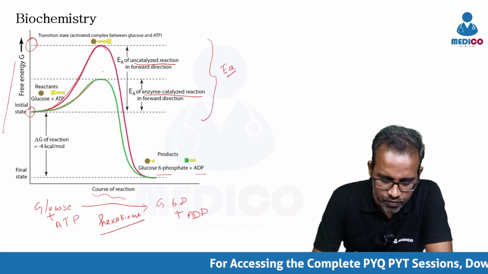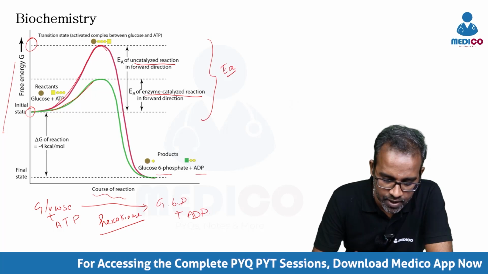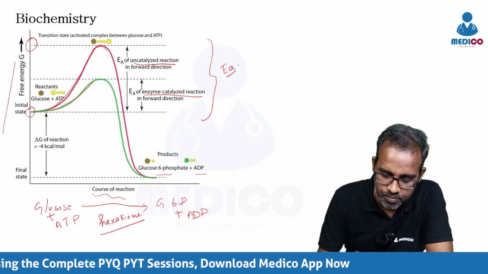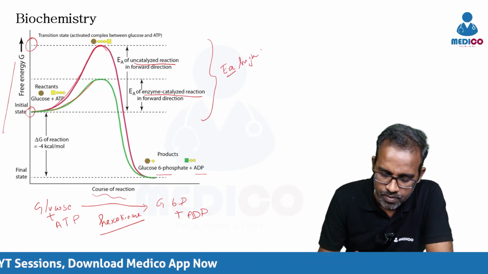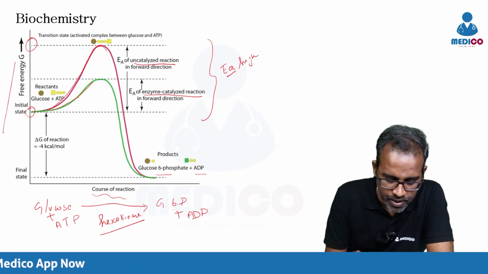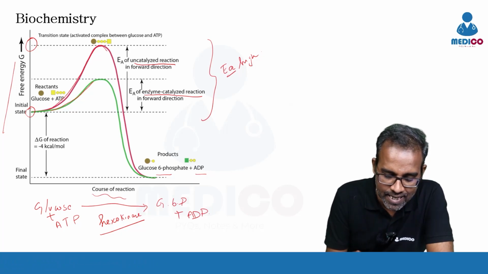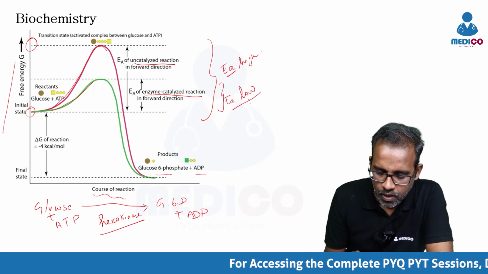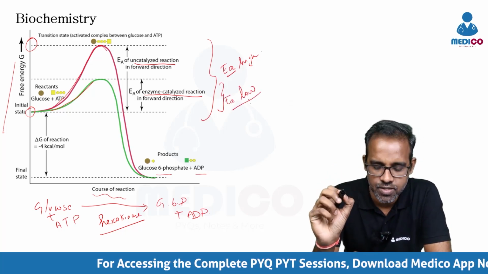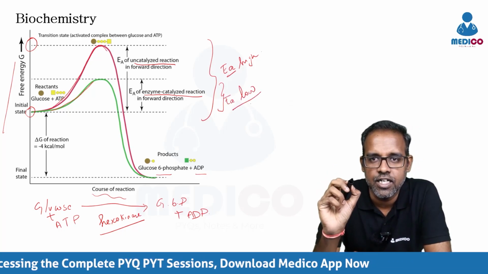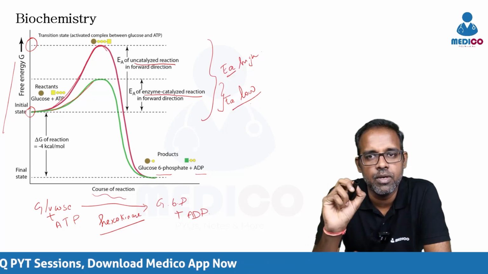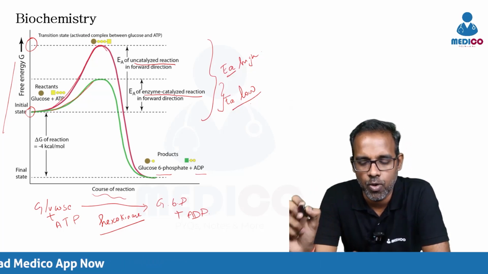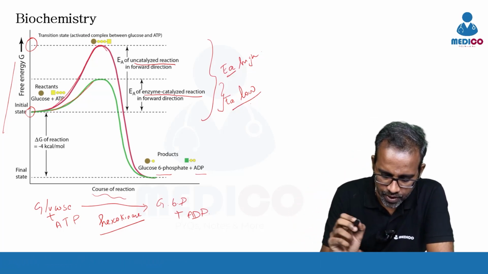If you see carefully, the activation energy for the uncatalyzed reaction is high, whereas the activation energy for the reaction catalyzed by an enzyme is low. So what the enzyme actually does is lower the activation energy, thereby favoring the formation of a product.